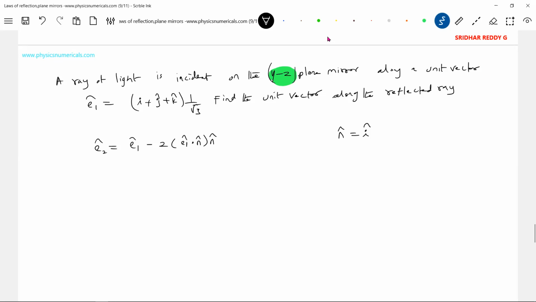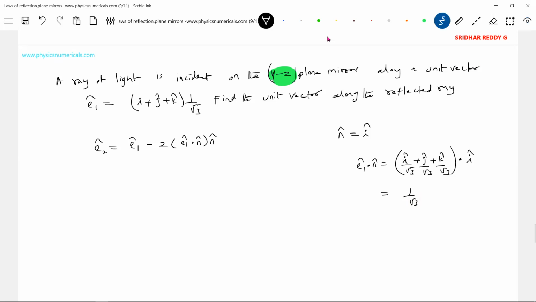Okay, let me substitute all the formulas one by one. First we'll calculate E1 cap dot N cap, the product of these two. So I cap by root 3 dot I cap: I dot I will be 1, so 1 by root 3. J dot I will be 0. K dot I will be 0. So the resultant will be only 1 by root 3.